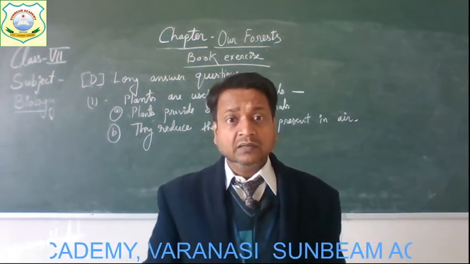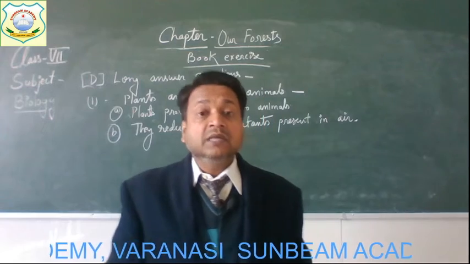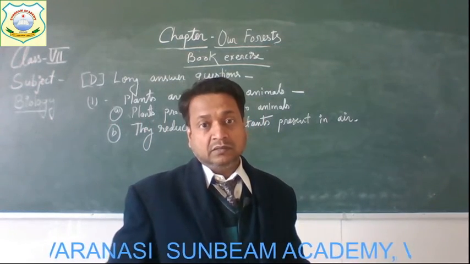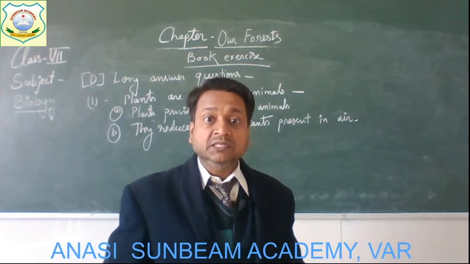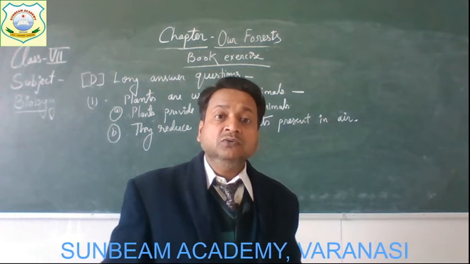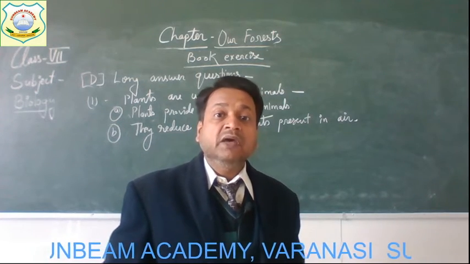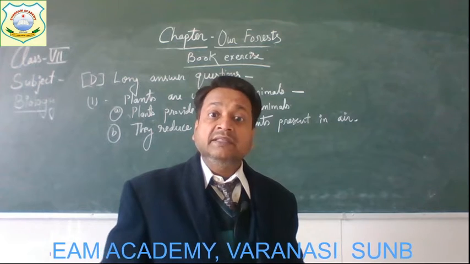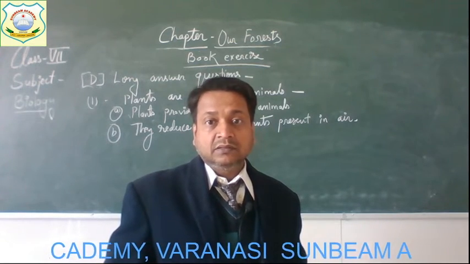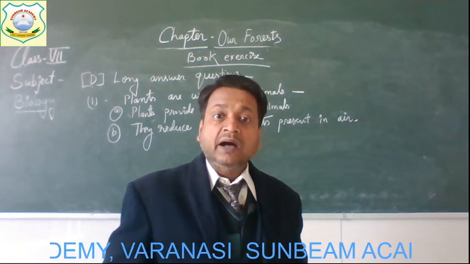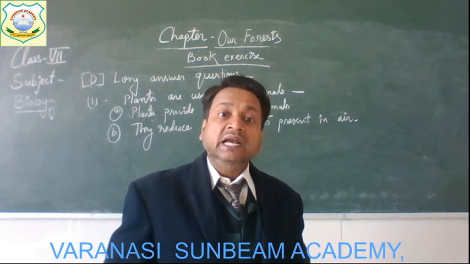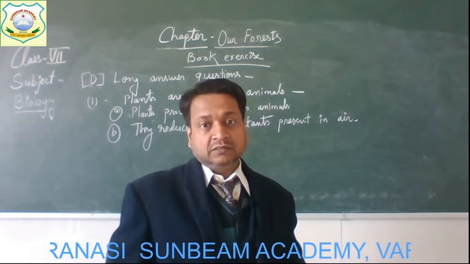Alright children, as you know, pollutants are the harmful substances which pollute the air. So such substances are known as pollutants. So the plants are helpful to reduce the amount of the pollutants present in air, and thus they help to protect the animals because the pollutants are harmful for animals, and they also provide shelter for some animals.